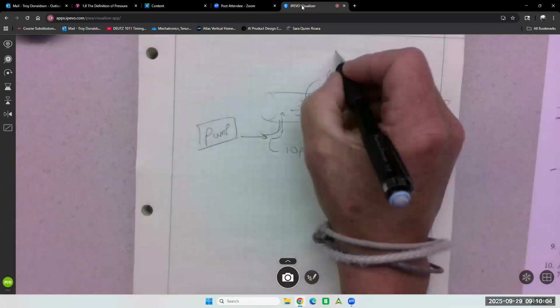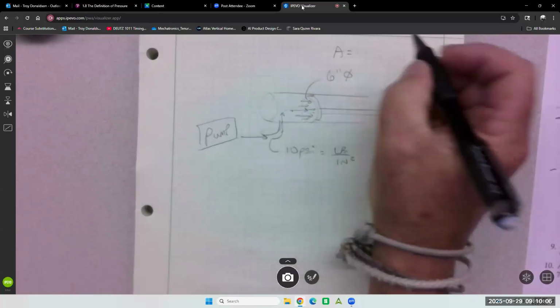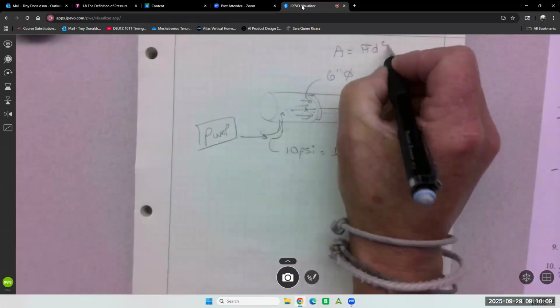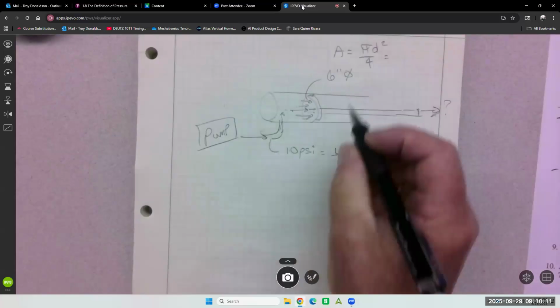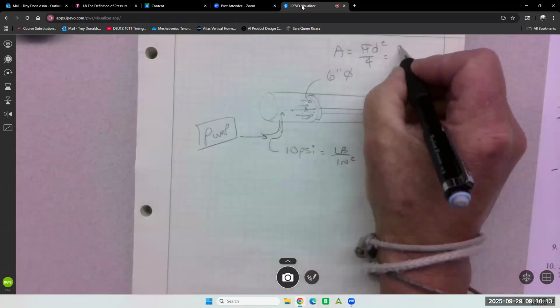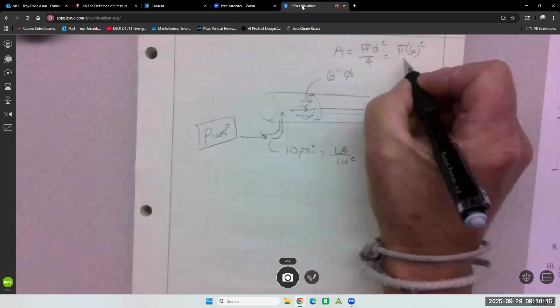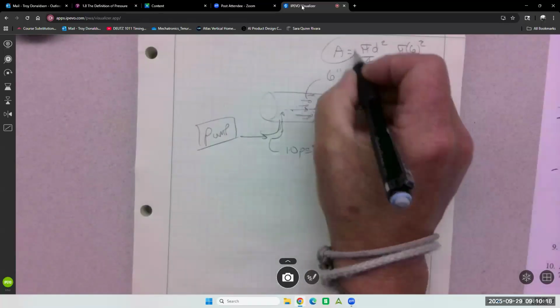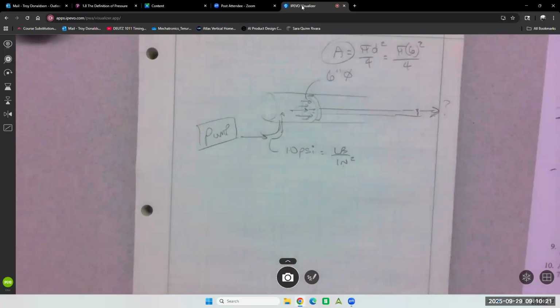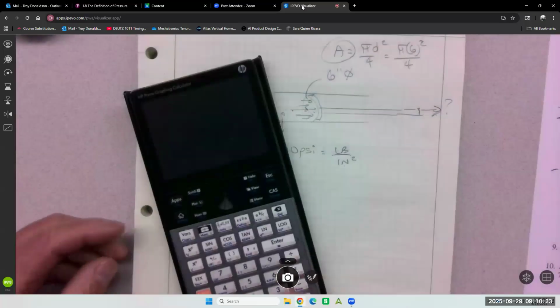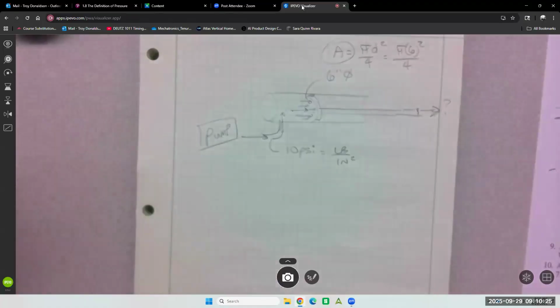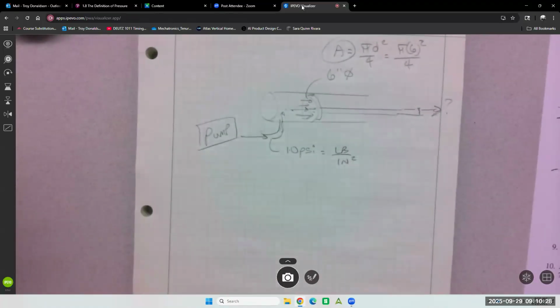With 6 inches in diameter, we can calculate that area. The equation I use is pi d squared over 4, so pi times 6 squared over 4 gives the area. It's going to be a fair bit of area. What do we get? 28.274.